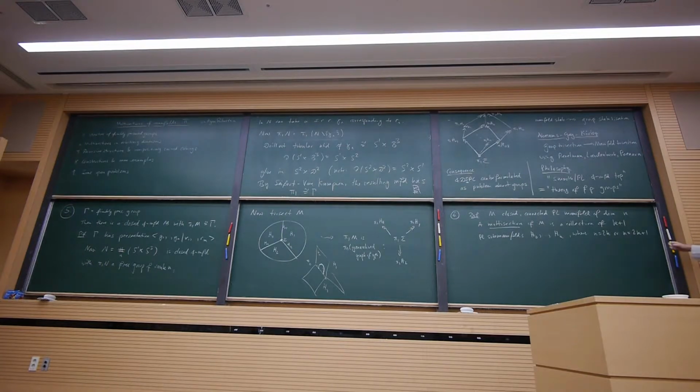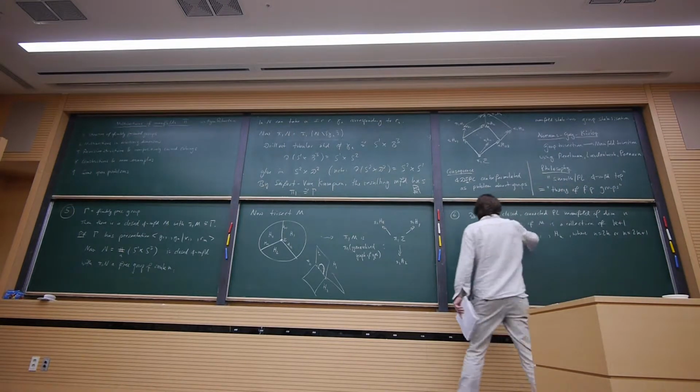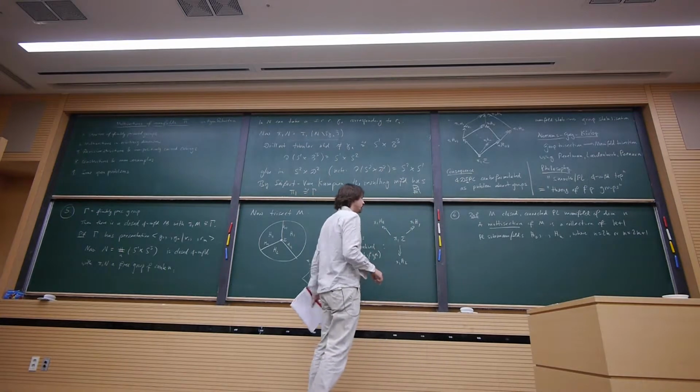Yeah, so this matches what we've seen, right? For 3-manifolds, k would be 1, so you get 2 handlebodies, and for 4-manifolds, k would be 2, and then you get 3 handlebodies.